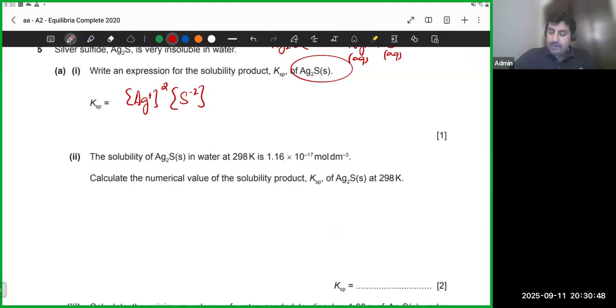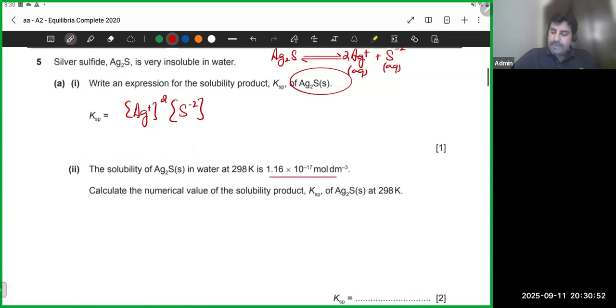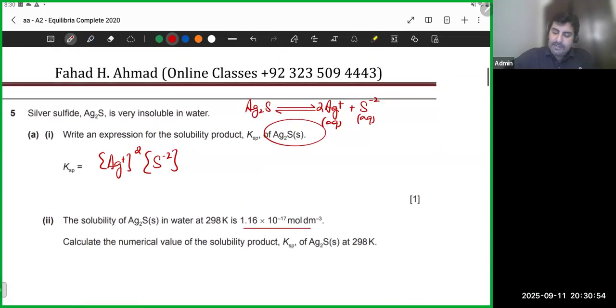Now remember they gave us the solubility, and you have to calculate Ksp. Solubility is given. I'm going to do something easy and take solubility as X, the amount that dissolves in a saturated solution. So this is going to be 2X and this one would be X. So the silver ion concentration is 2X, squared, and the sulfur ion concentration is X to the power 1.